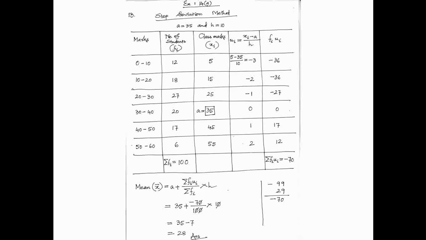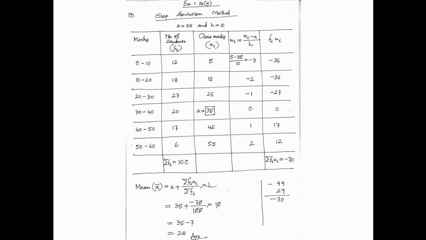Wait. See students, in class marks, as I told you earlier, you have to assume the middle one. But here, how many class marks are there? 5, 15, 25, 35, 45, 55. How many altogether? 6.